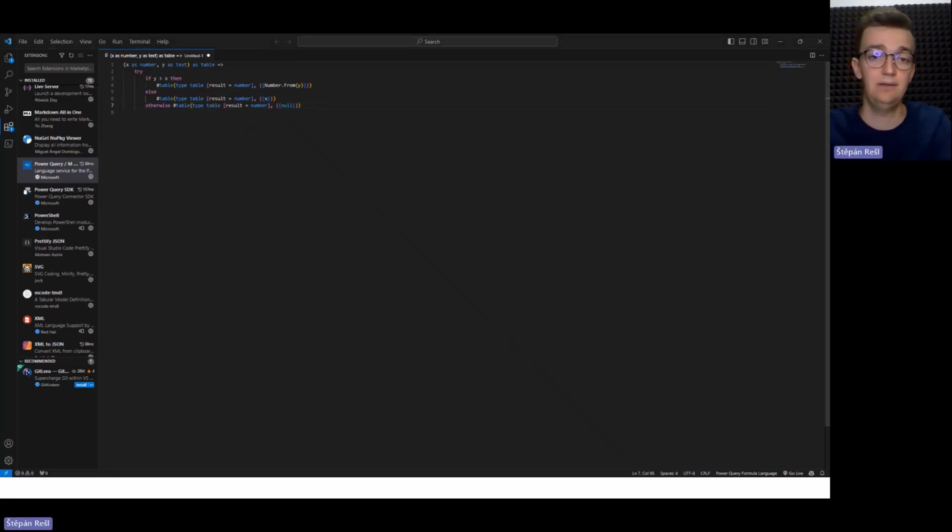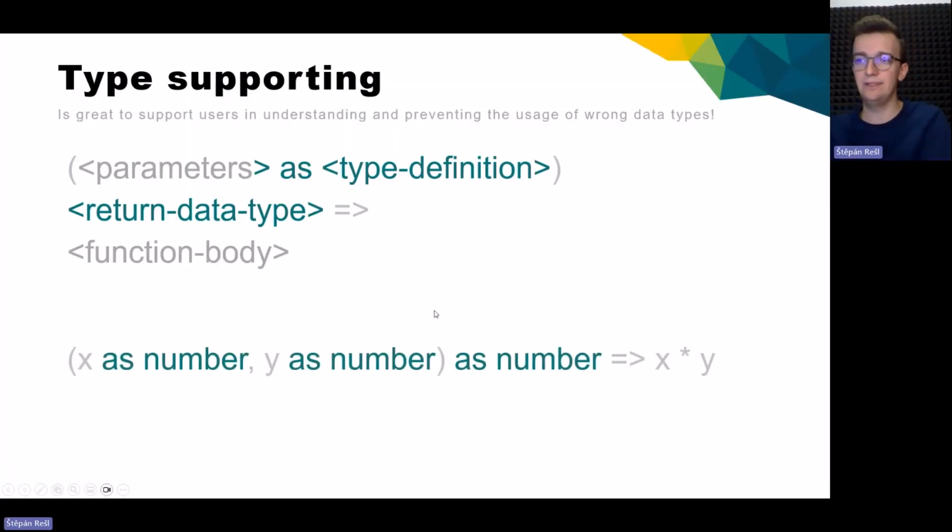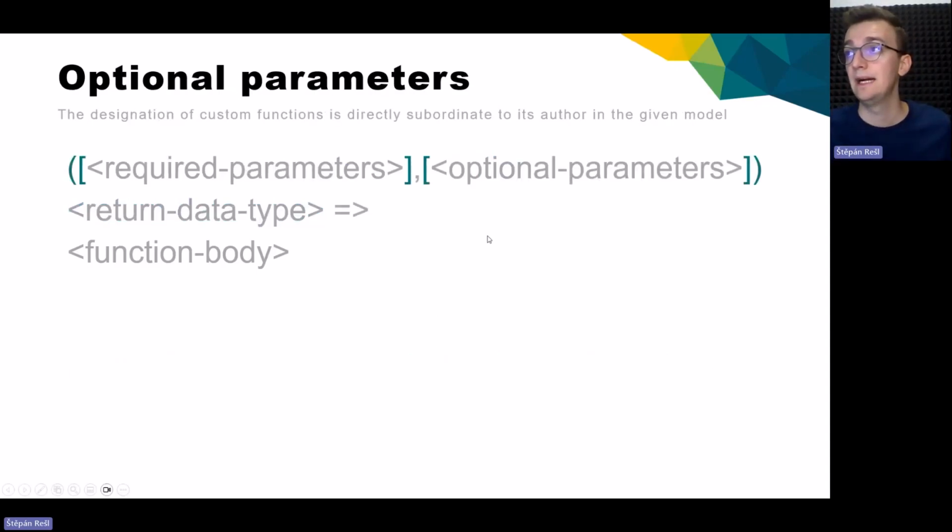Okay, I will get back to the presentation once again, because we've already defined here that we have x as a number, y as a number, and the result. Then, because it's still not all, we are able to have two different types of parameters, the required one and the optional one.